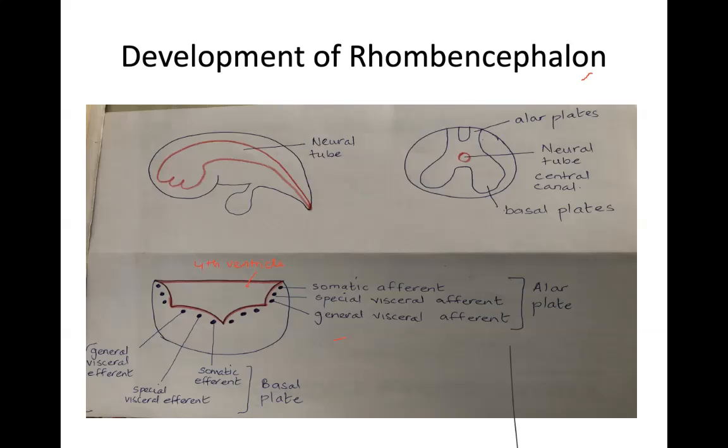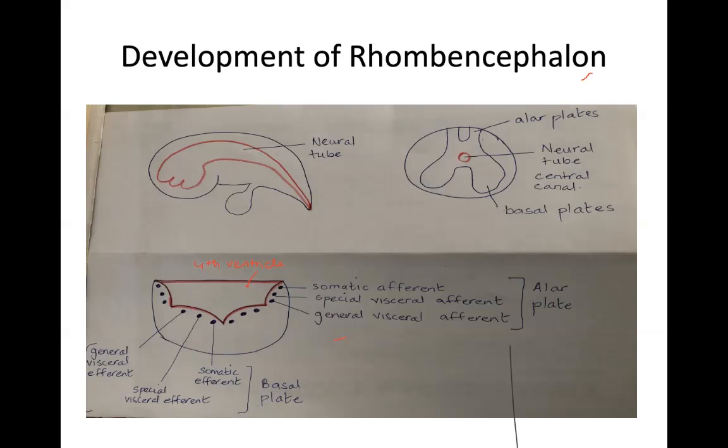As you go up towards the formation of the hindbrain, these alar plates will actually move. If I could show you with an arrow, these alar plates are going to move down and they'll break up into three groups of neurons. The basal plates are also going to break up into three groups of neurons on each side.